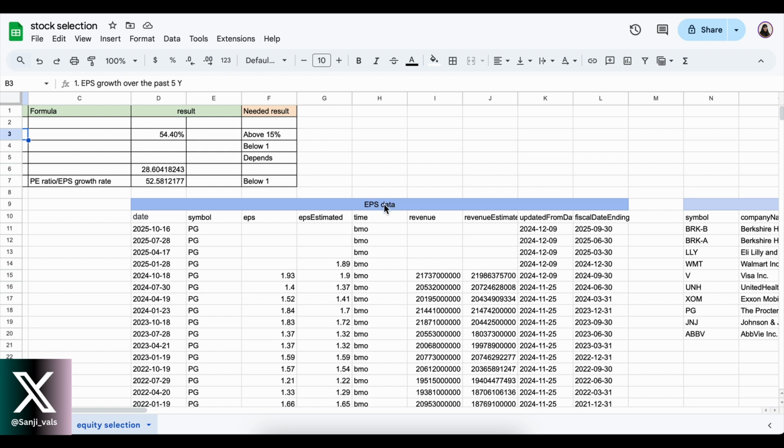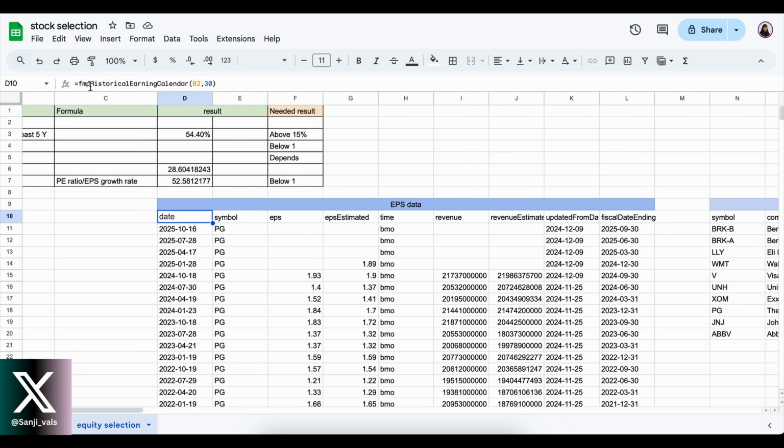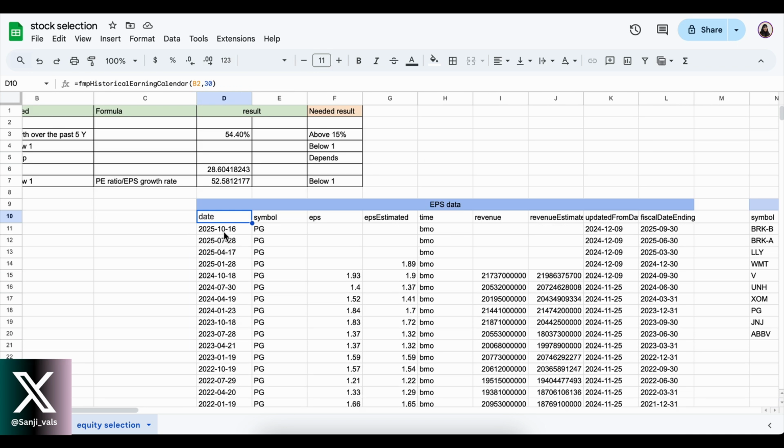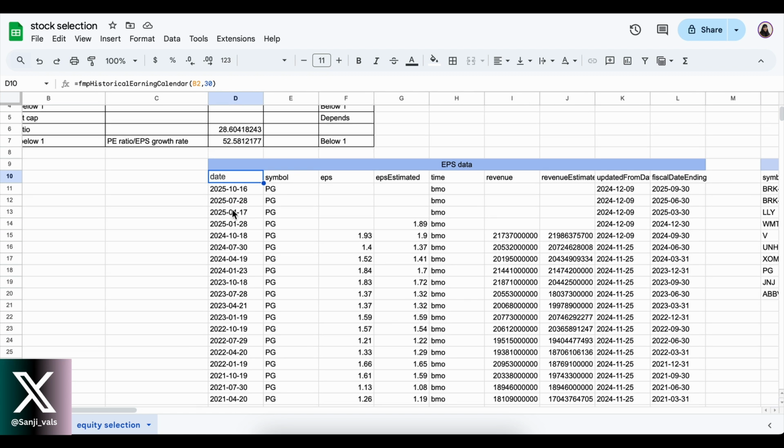So we need to extract the earnings per share data for the stock using the formula FMP historical earnings calendar, and then B2 and 30. 30 is the number of observations. It is extracting 30 because, as you notice, the EPS data, or earnings per share, which is calculated as net income divided by number of shares outstanding, is a very important parameter for investors.